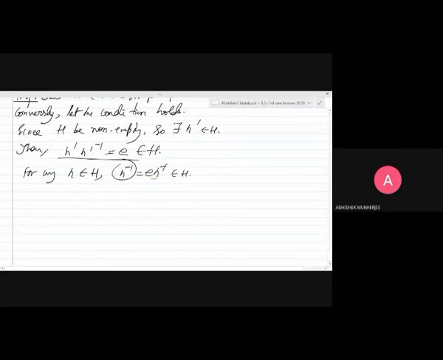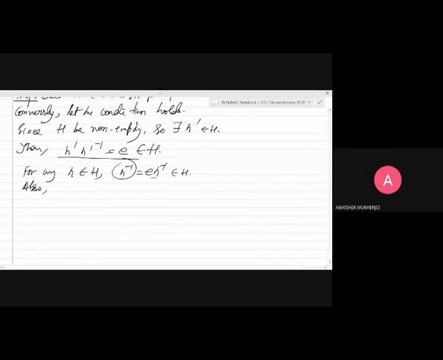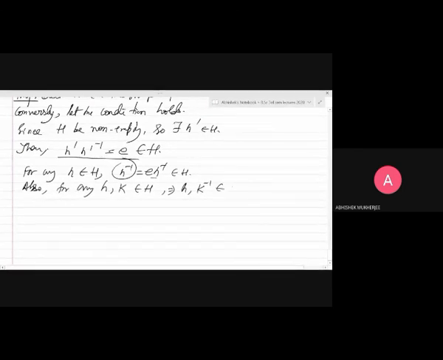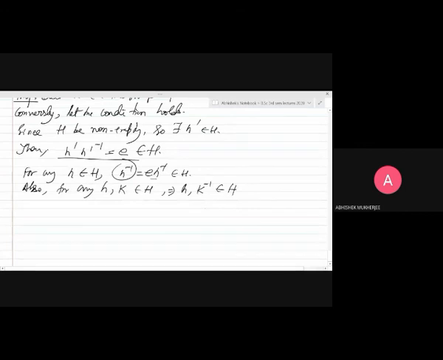And also for any h, k belonging to H, this implies h k inverse belongs to H, right?